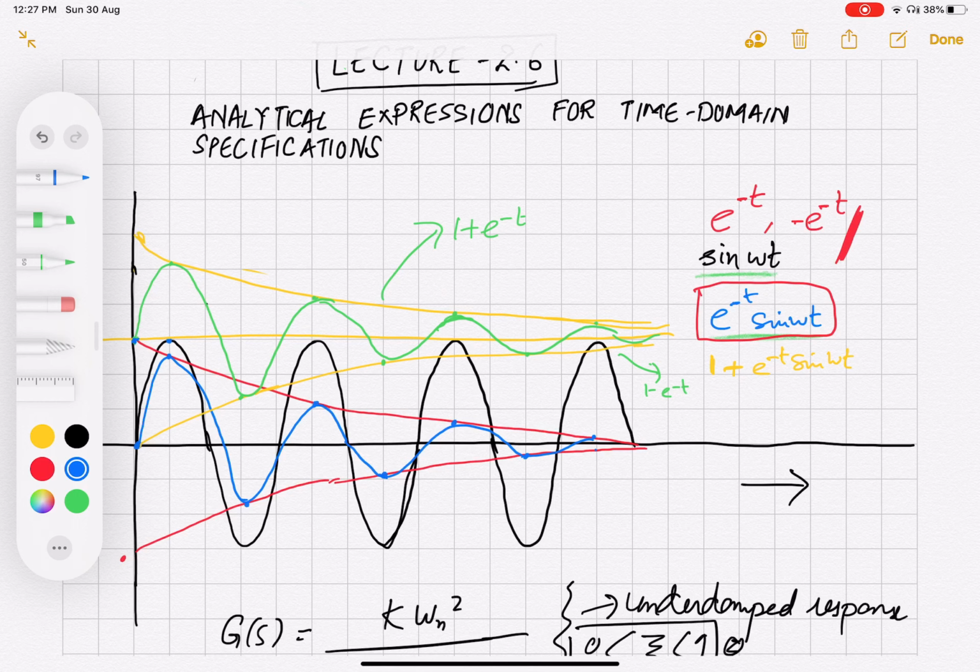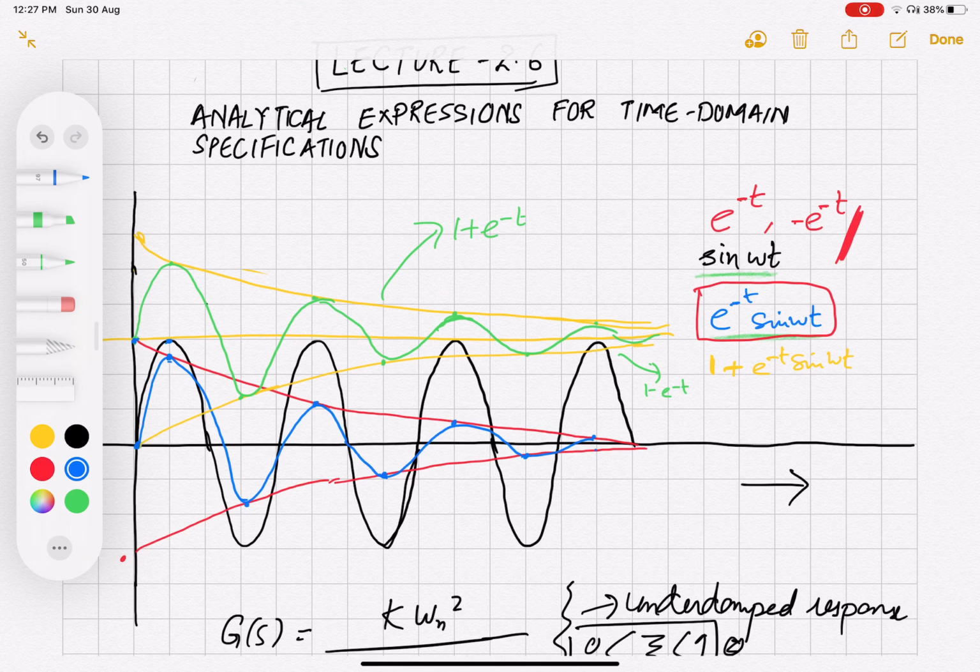Now the second point that I want to sketch is I want to multiply this one here on the sine omega curve with this quantity here, which is the envelope e to the power minus t. So I get this point here, right?